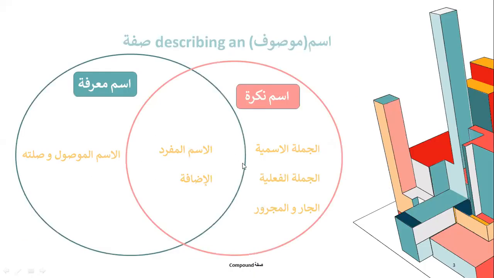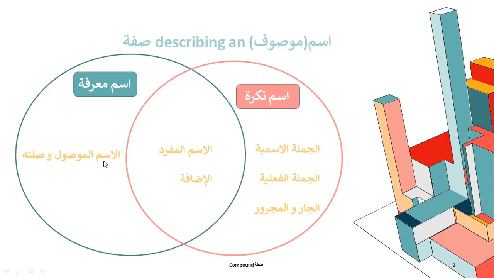Now, this is a mapping of when it is ism marifa, when your mawsuf is a proper ism. These are the ways that you can describe it. And when your mawsuf is nakira, ism nakira, which is a common ism, these are the sifas that can be used. So I'm not going to go into details.